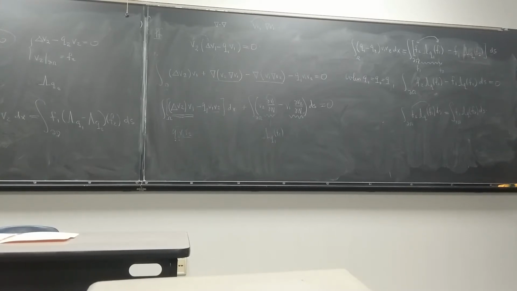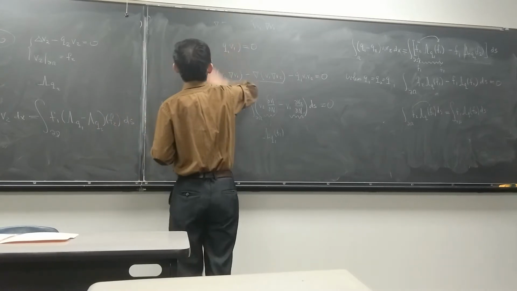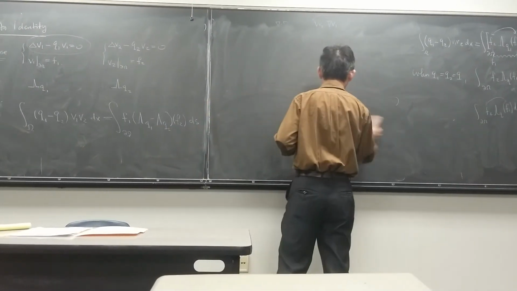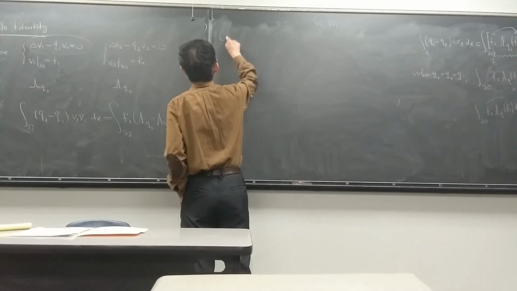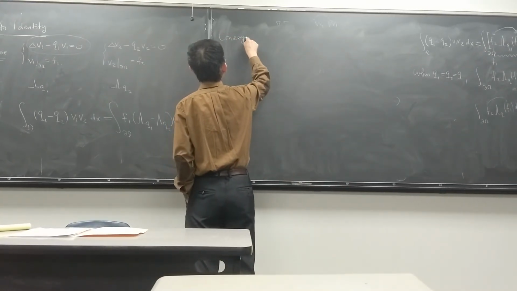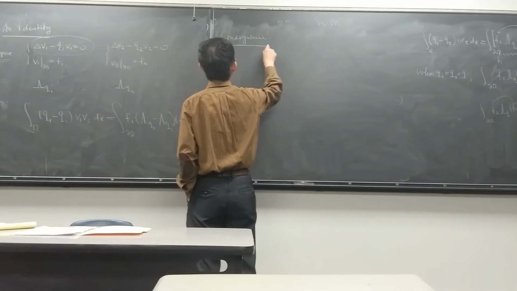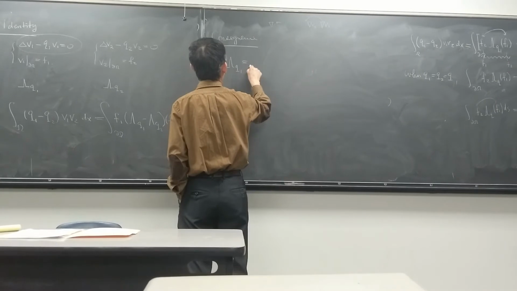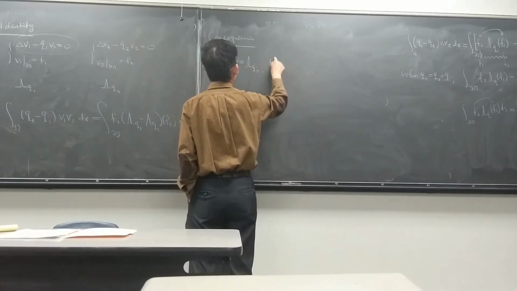So what's the name of this identity? Okay, so this identity turns out to be very important, because from this identity you can see the consequence is that if lambda Q1 equals lambda Q2, then what can you say?